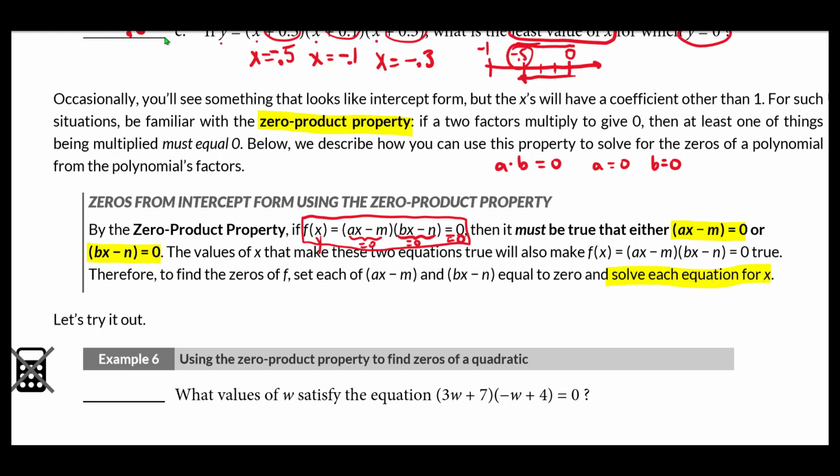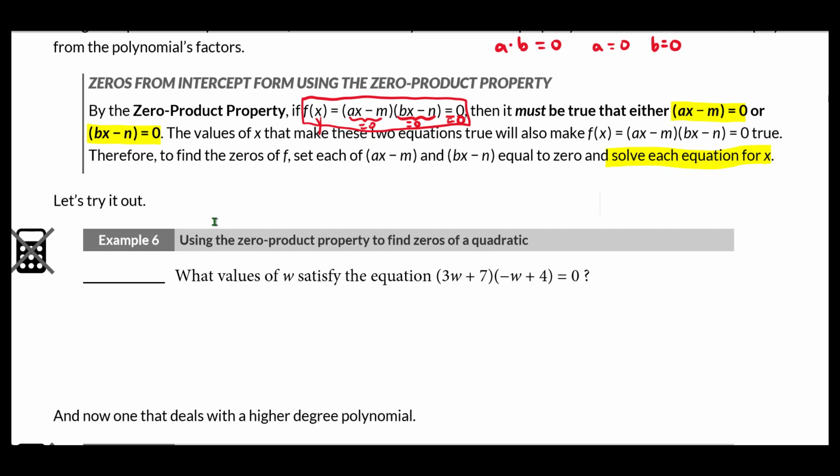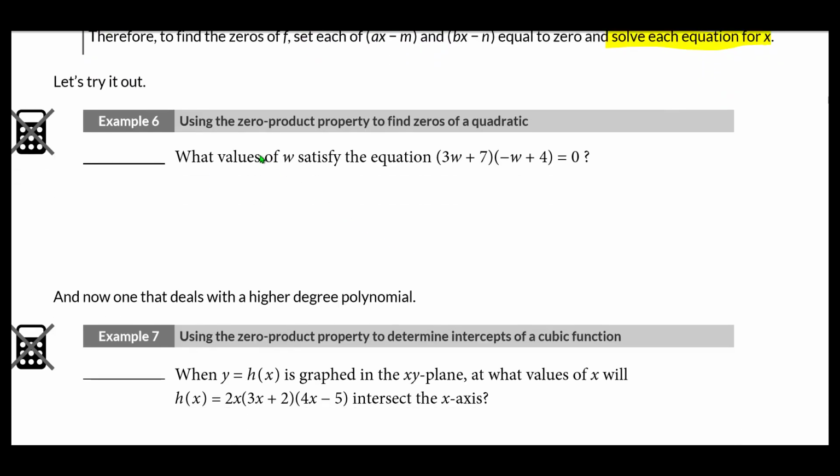So in the case of example 6, let's try this out. We are going to use the zero product property to find the zeros of this quadratic right here. We know that if we are multiplying this factor by this factor and getting 0, one of those two factors has to equal 0. So 3w plus 7 has to equal 0.